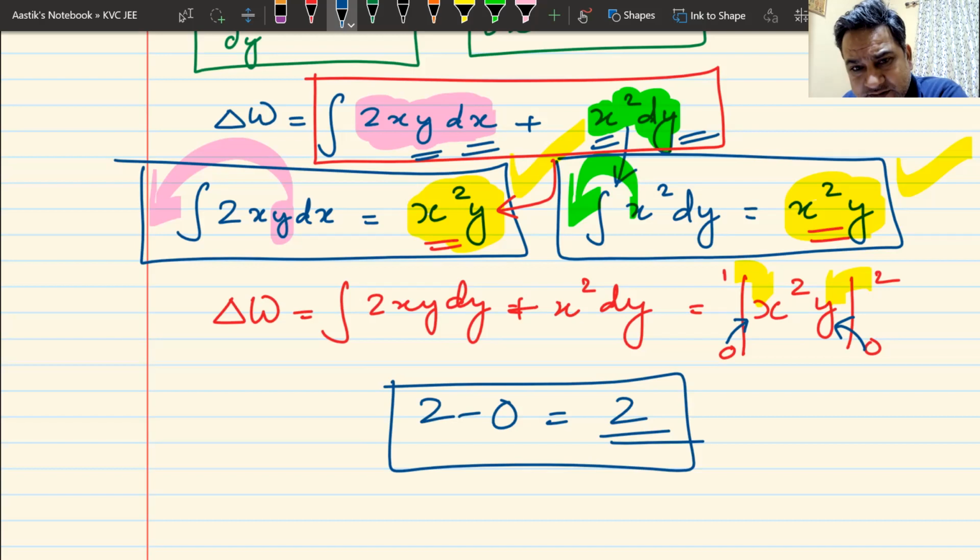First put the upper limits, then put the lower limits. Put the upper limits together, put the lower limits together. So when you are putting the value of x as 1, you also put the value of y as 2. That's it. Once you put the value of x as 0, you also put the value of y as 0. So you put them together.